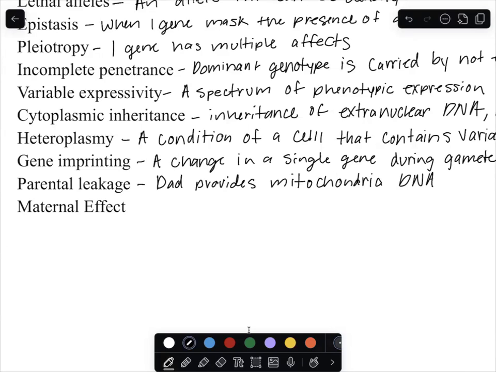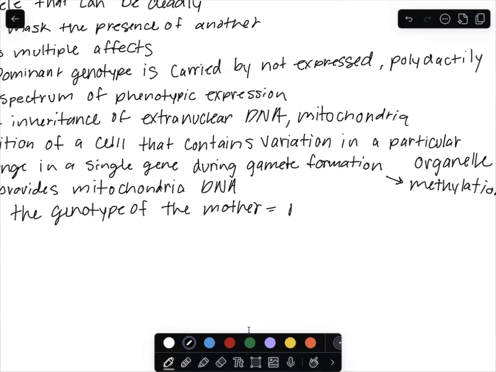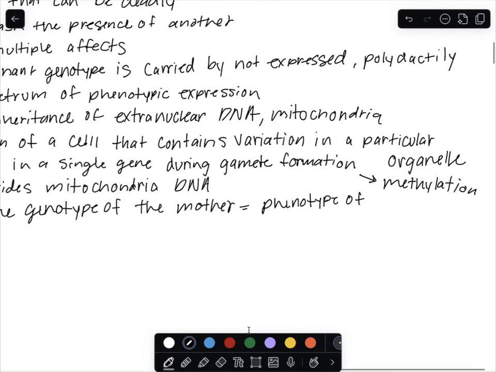Okay, maternal effect is when the genotype of the mother equals the phenotype of the offspring.